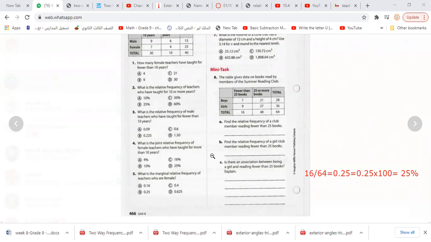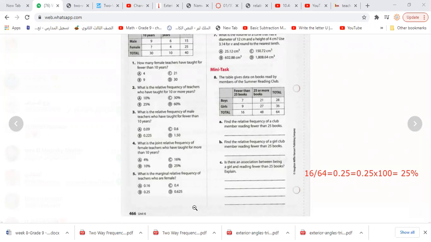He said find the relative frequency of a girl club member, right? So you have to care about the row which represents the total number of girls in this survey. How many girls are reading fewer than 25? 9. And what is the total number of girls in this survey? 36.